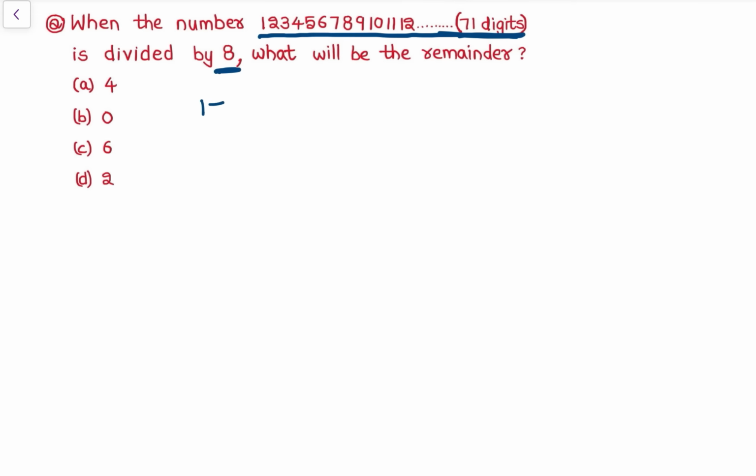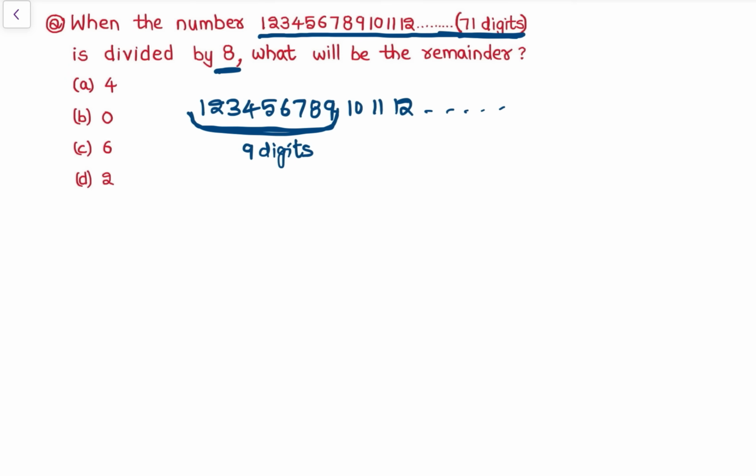See, this is 1, 2, 3, 4, 5, 6, 7, 8, 9, then 10, 11, 12, and so on till 71 digits. Now 1 to 9 are 9 digits. Now how many digits remain? 71 minus 9, that is 62 digits.